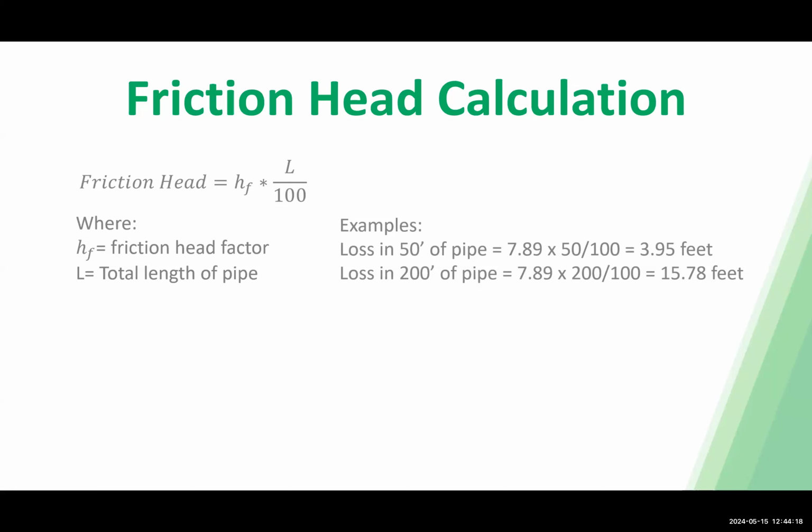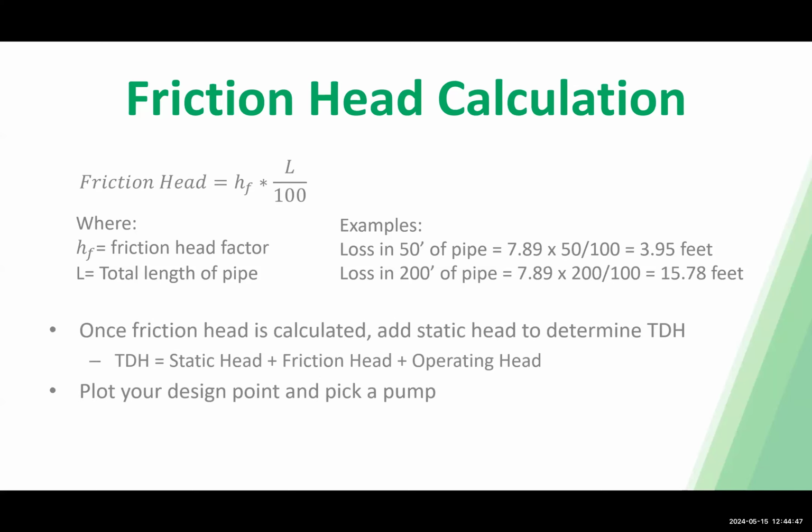So you take 7.89 times 50 divided by 100 to get 3.95 feet. Whereas your loss in 200 feet of pipe is 7.89 times 200 divided by 100, which is 15.78 feet. You can already see that a difference of 150 feet has added about 11 to 12 feet of friction head loss.